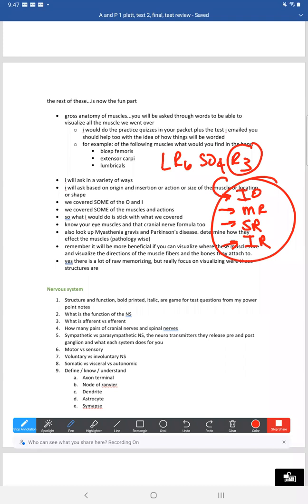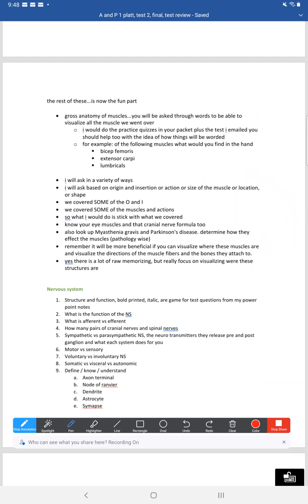Okay, well, I'll take it a step further. Cranial nerve 3 has an AKA. Oculomotor. All right.